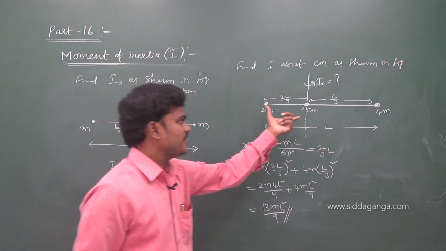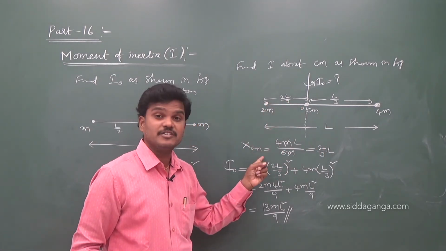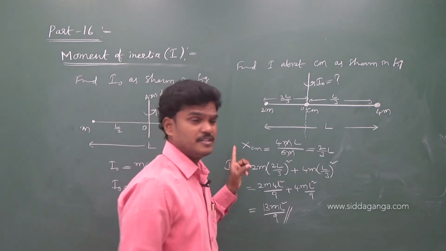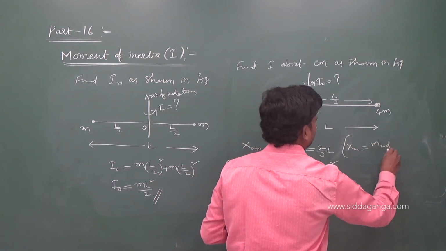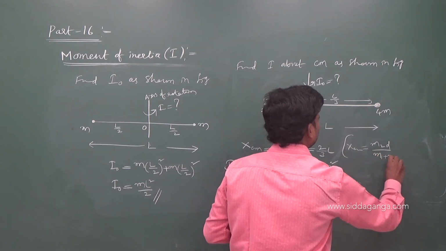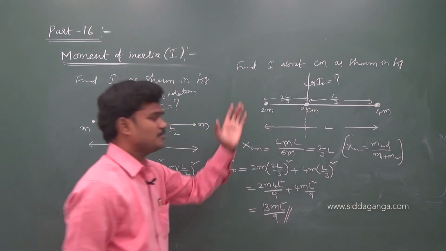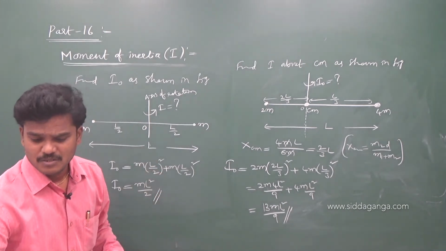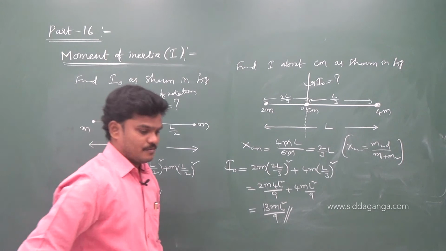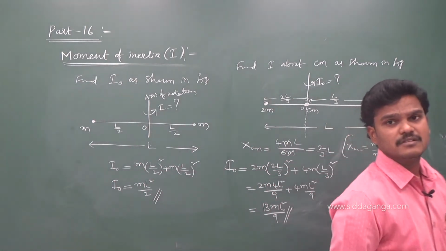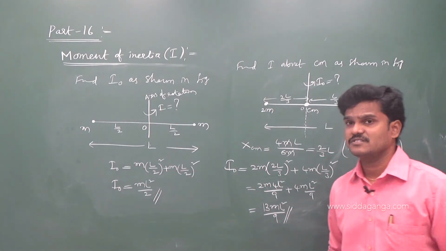So find distance of center of mass by using our previous formula. What is our previous formula? Did you remember the previous formula? M2D by M1 plus M2. Opposite mass into distance by total mass. Okay. So take this. Next we will see some formulas in next sessions, not now I think.